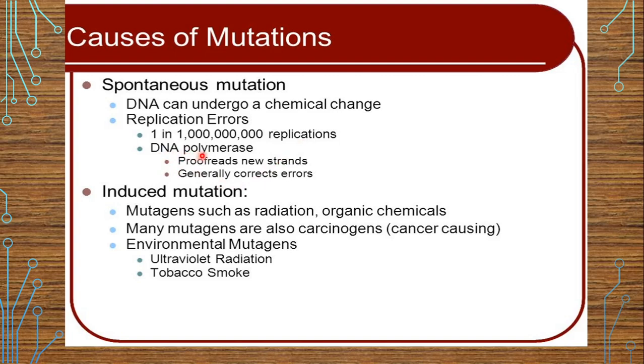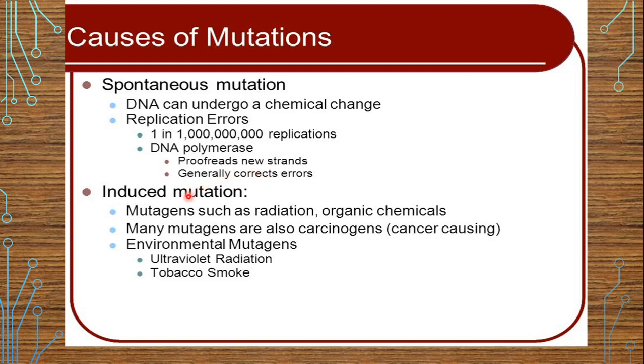Now the DNA polymerase proofreads new strands; you have to relate to replication to know about it a little bit. During that time some changes may occur, but usually there is correction of errors. But sometimes, if the error is not corrected, then it may result in a mutation.